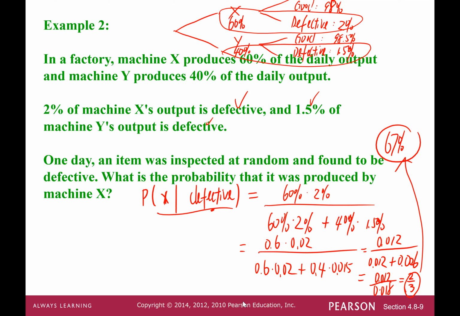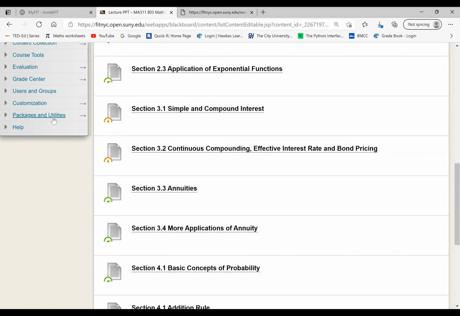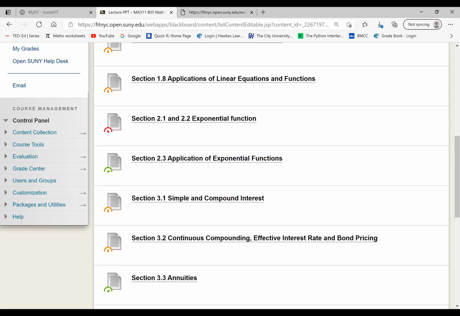And then quickly, any question on this? Okay, let me just mention the homework assignment one more time. I did post the homework assignment to be completed for chapter 4. You only need to work on sections 4.1 and 4.2. Let me share the screen with you.